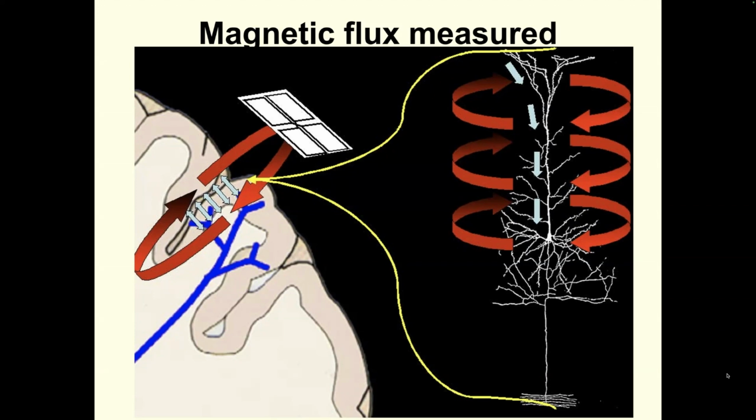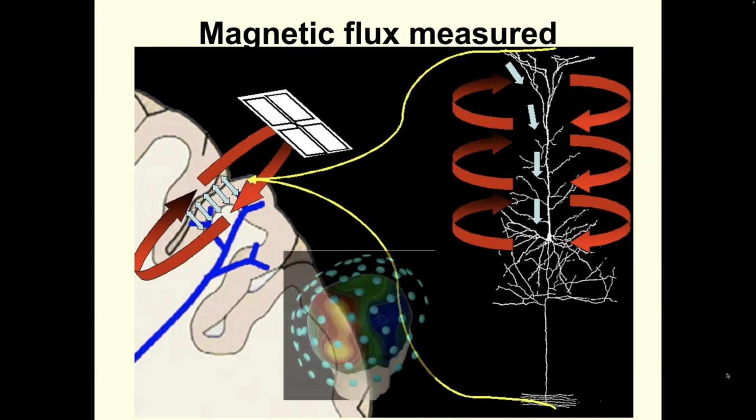It's densely packed with axons and neurons firing, and those, in essence, operating as currents. And if those currents are oriented in the right direction, then some of that signaling will emanate outside the head. You can detect it with these sensors. And so that's what MEG essentially does.